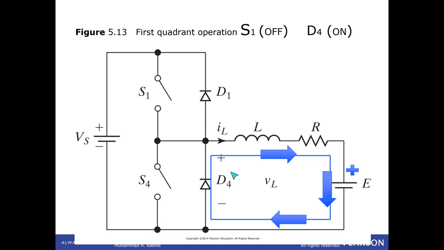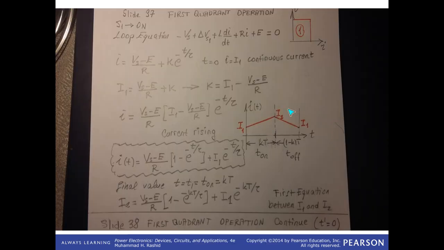Of course, stored energy is going to be reduced and the current slope is going to be negative. You can see that current slope is going to be negative. But the duration of this one is equal 1 minus k times T. This one is kT, that one is 1 minus kT.